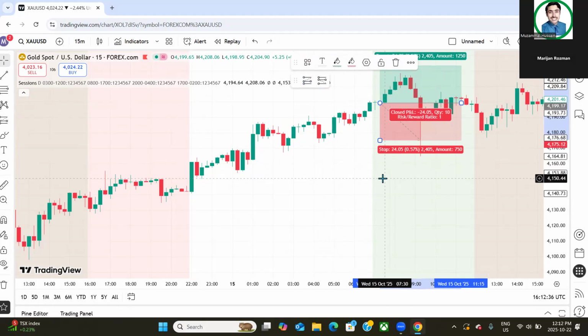Okay, now we need to do the red. Now we go red to 1%. Red is for the stop loss. This is not for the percentage. Okay, I cannot do the green.